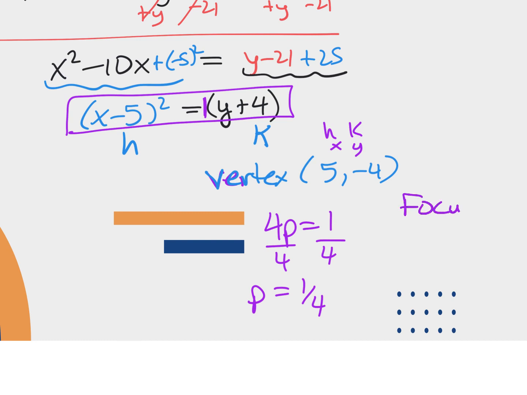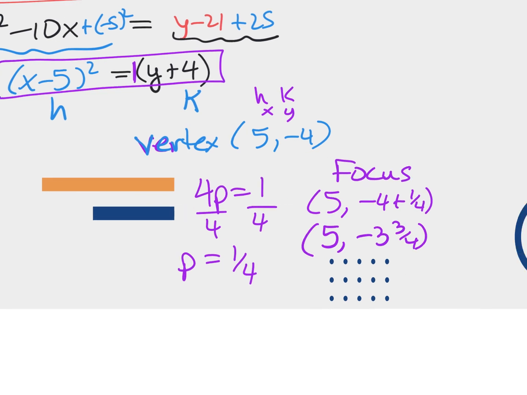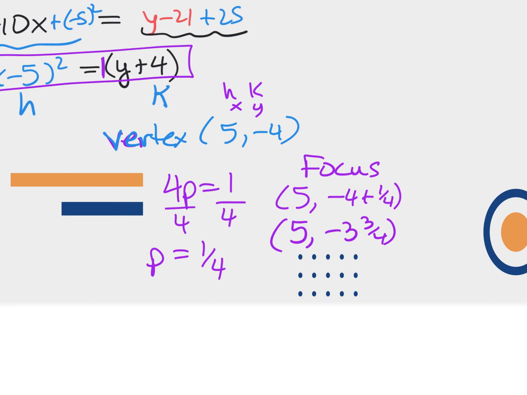So for my focus, 5 comma, and then I'm doing -4 plus 1/4 to get my focus point. And when I do this, I get 5 and then -3 and 3/4. And then if I wanted to make it improper, I could have also said this is 5 and -16. No, that's wrong.